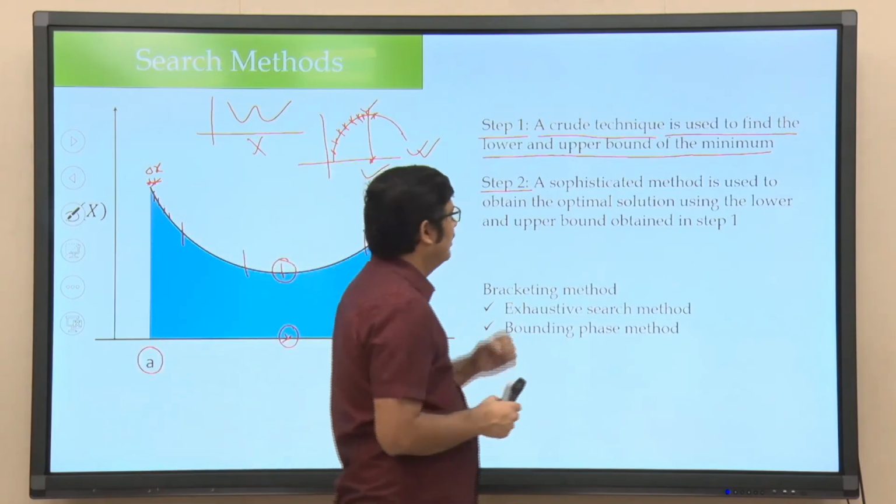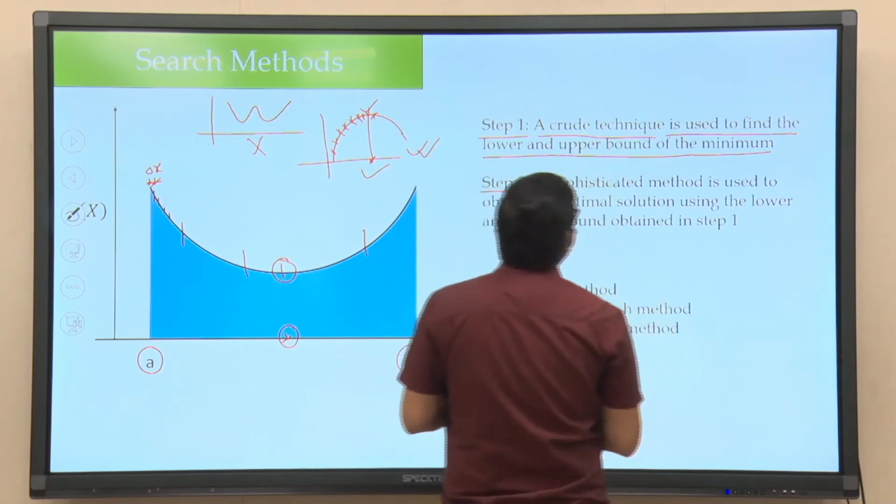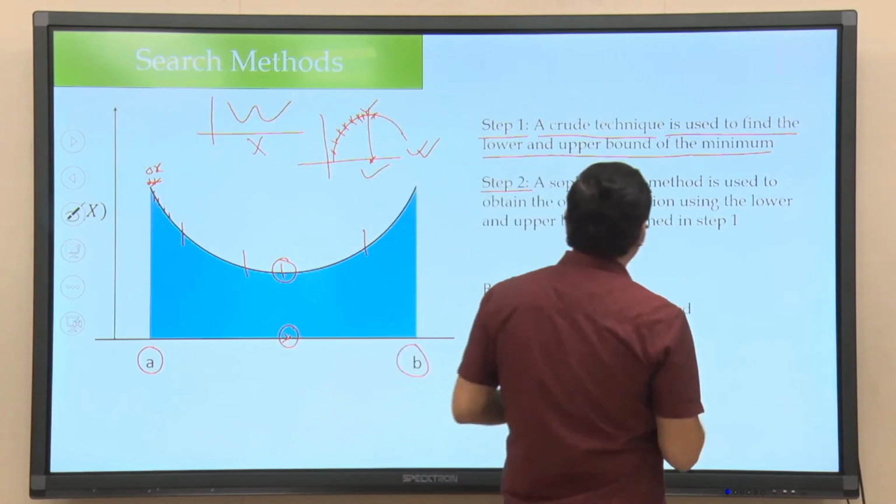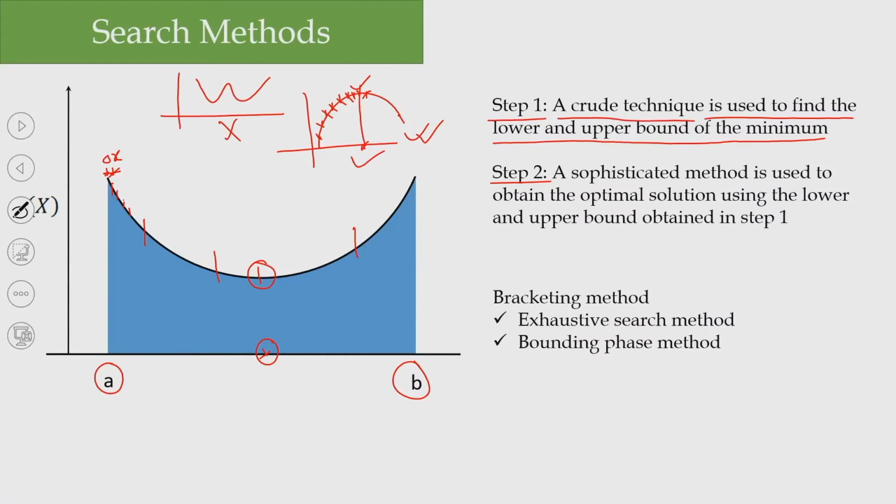In step 1, I am applying an algorithm which is not sophisticated; it is a crude technique to find the lower and upper bounds of the minimum. Suppose this is the optima. I would like to bracket it, so this is the lower bound and this is the upper bound, and then I can say that my optima is between this narrow region.